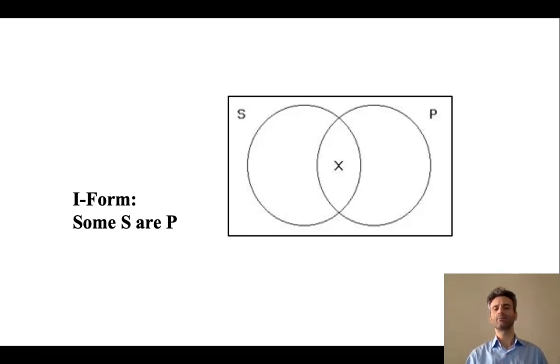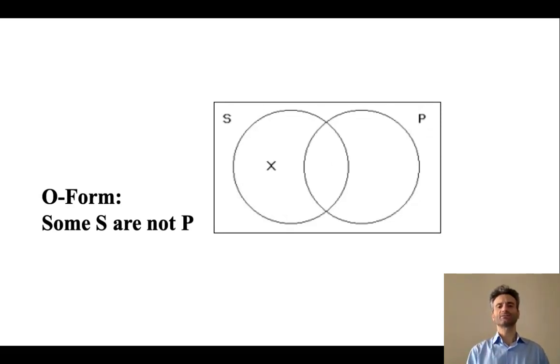I place the X right in the middle, in area 2, because I want to say that some members of the class of blonde people are also members of the class of beautiful things. When I place an X right in the middle, I form a symmetrical figure. So when I say that some blonde people are beautiful things, I necessarily say also that some beautiful things are blonde people.